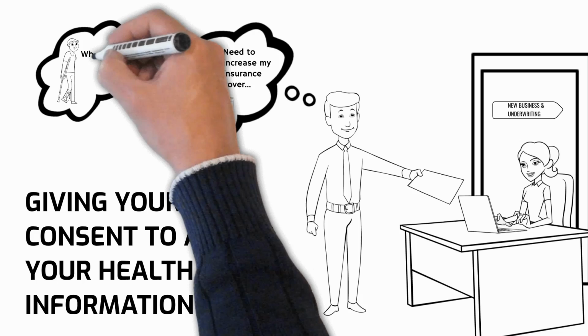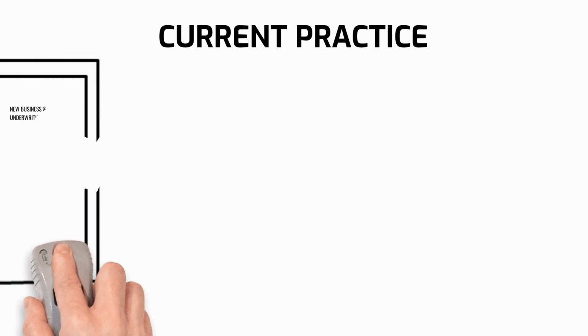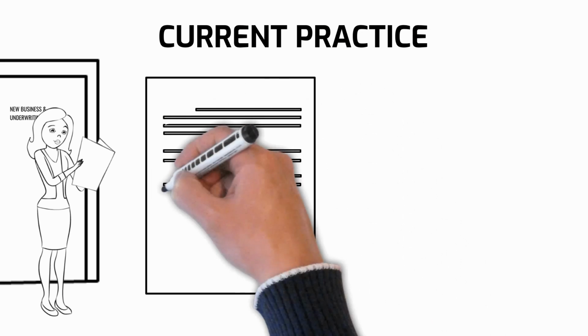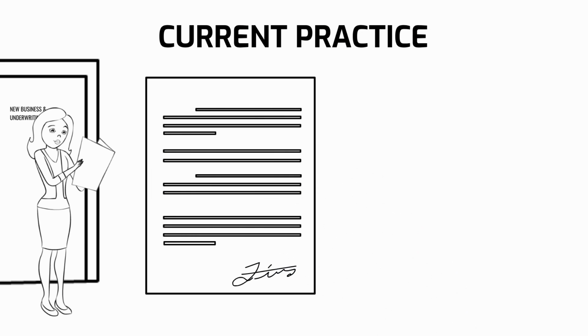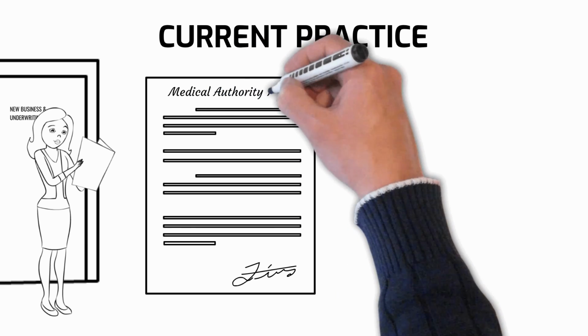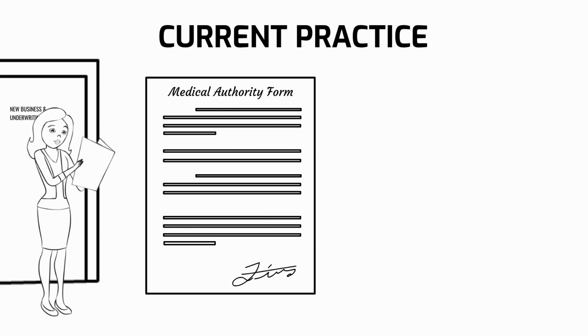Under the current practice, some insurers will simply ask you to sign a form. Others will ask you to pre-fill the names of your medical health professional. However, most of the time you won't have this information handy, so you may be tempted to simply issue a signed blank form, leaving the name of the health professional blank for the insurer to fill when they need it.